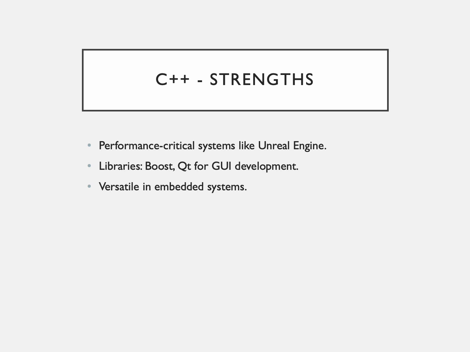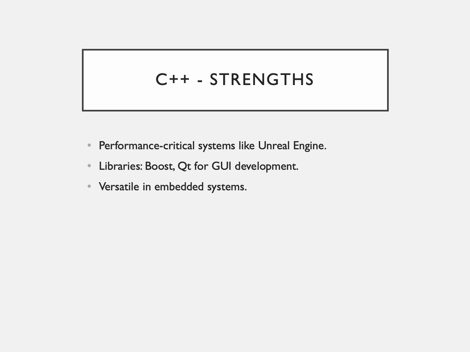Then Qt, a powerful library for building cross-platform graphical user interfaces. Developers use Qt to create visually appealing and interactive desktop and mobile applications, ranging from scientific tools to multimedia applications.